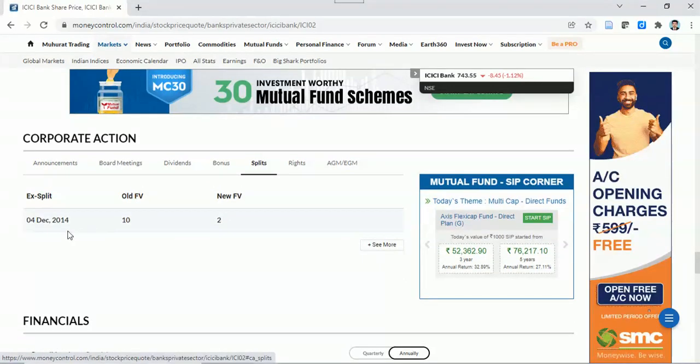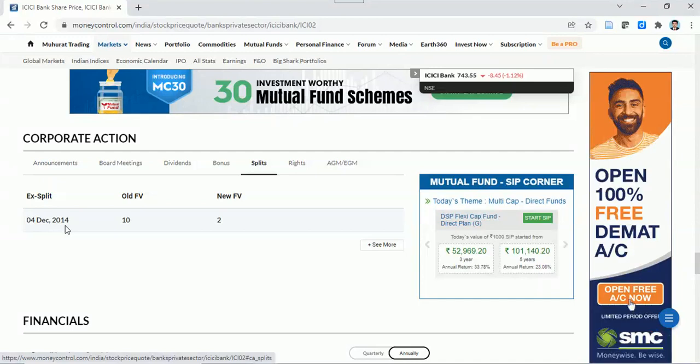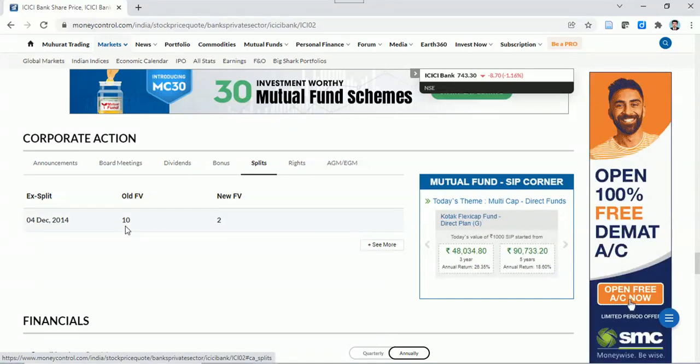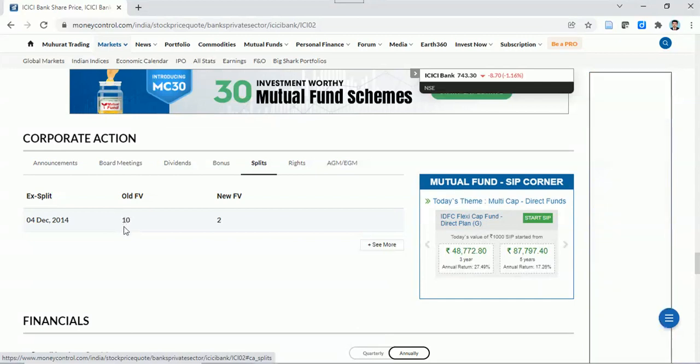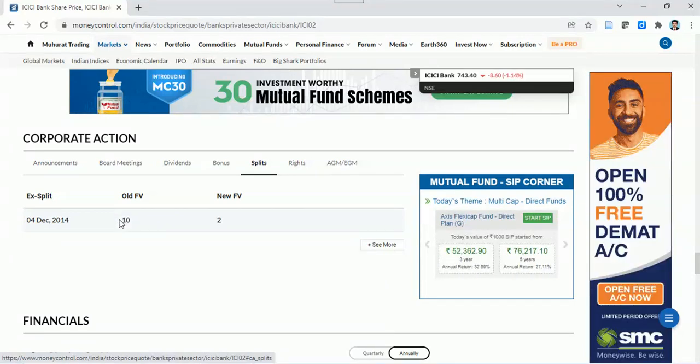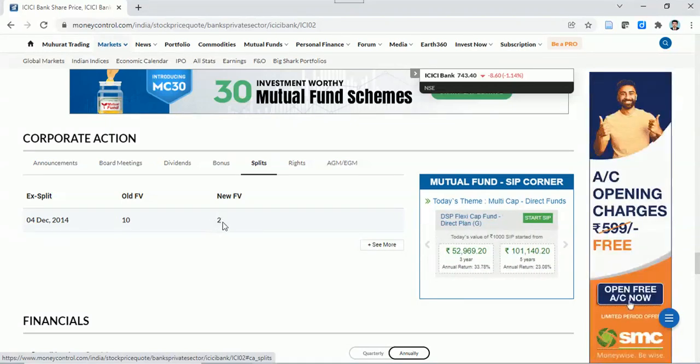You can see the split date is December 4th 2014, and the old face value is 10 rupees and the new face value is 2 rupees. That means if you had one share of rupees 10, that can now be 5 shares of 2 each.